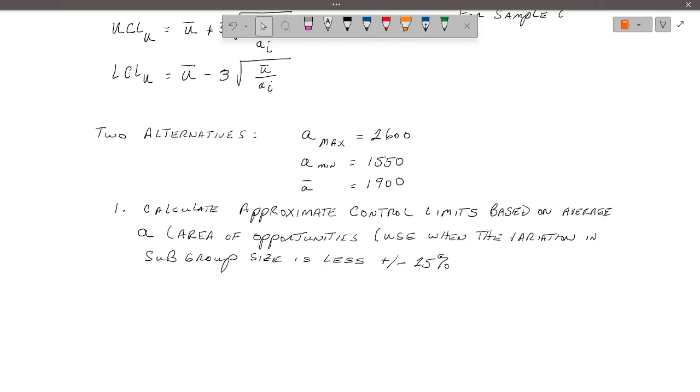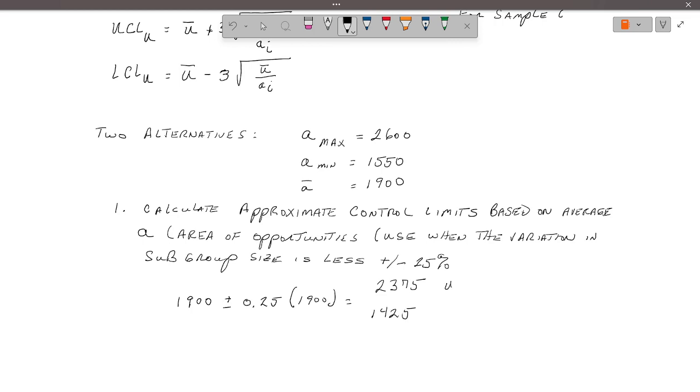So 1900 is the average, plus or minus 0.25 times the 1900, and you're going to get it's equal to 2375, and the other one is 1425.